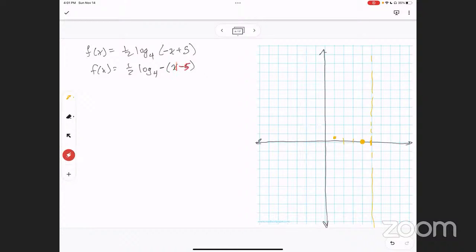What's 1 minus 5? 1 minus 5 is -4. What's the negative of that? It's +4. What's log base 4 of 4? 1. What's 1 times 1/2? 1/2. Okay. The next one would be 16.